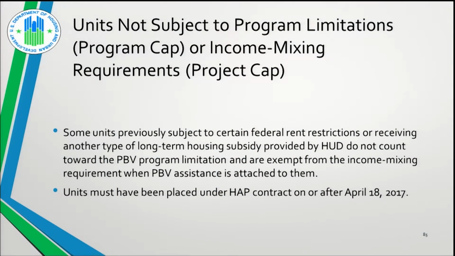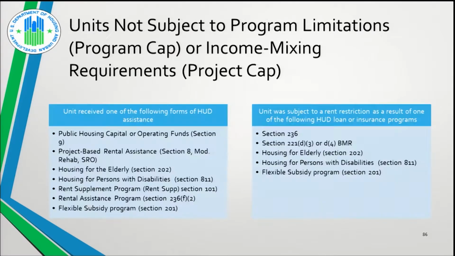Units that were previously subject to certain federal rent restrictions or receiving another type of long-term housing subsidy provided by HUD do not count toward the program limitation or the income mixing requirement. To be included for this exception, the units must have been placed under a HAP contract on or after April 18, 2017.